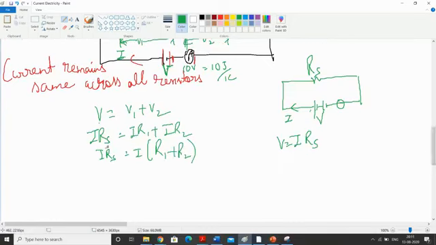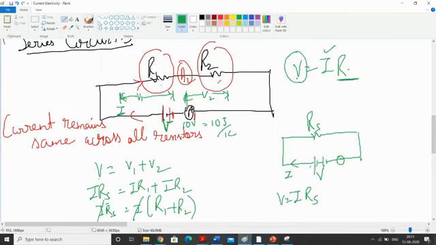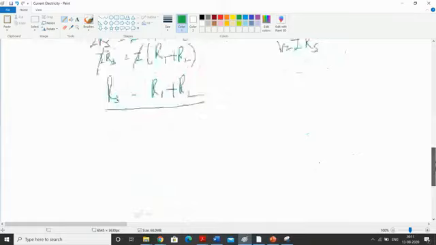Now I gets cancelled out, and RS, the equivalent resistance in series, is R1 plus R2. If you want to find the equivalent resistance in series, you just need to add both the resistances. If this is 3 ohm and this is 2 ohm, the equivalent resistance will be 3 plus 2, 5 ohm. That's the series connection.